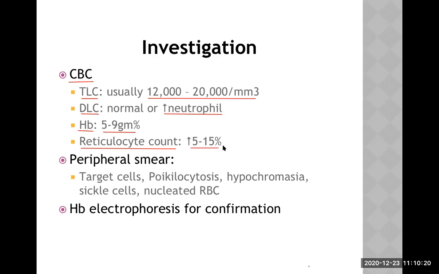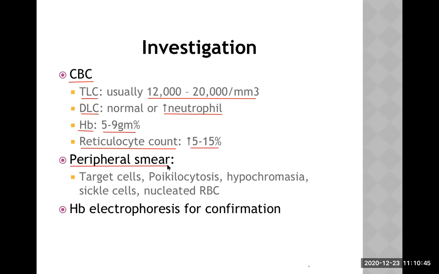And the reason for increased reticulocyte count is the hyperactivity of the bone marrow. In the periphery, the RBCs are broken down because they are abnormal. They are sickle cell RBCs, so they are broken down. But in the central area, that is the bone marrow, it's trying to synthesize more RBCs. That's why the retic count is higher.